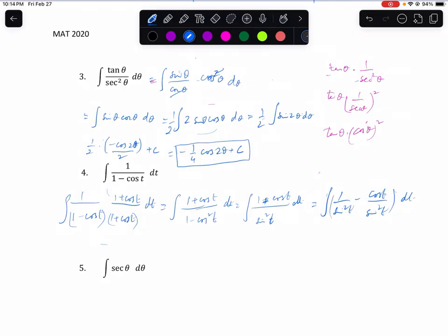which can then be written as, the first one is cosecant square t, minus, the second quantity, which can be written as cosine t over sine t times 1 over sine t.